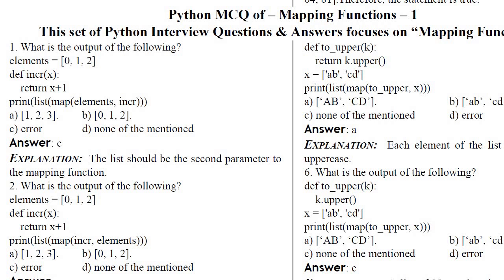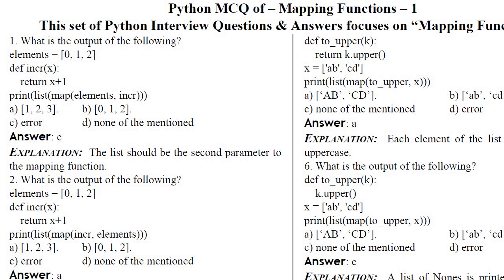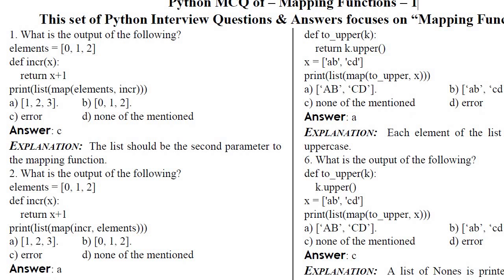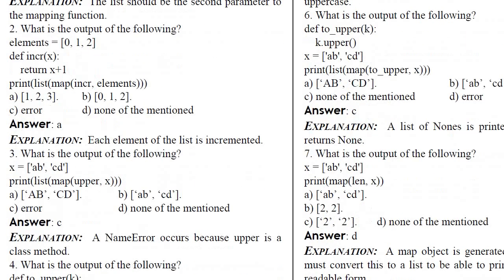It will give you an output, where each element of the list gets incremented. It's 0, then 1, then 2, then 3. So the output will be 1, 2, 3.